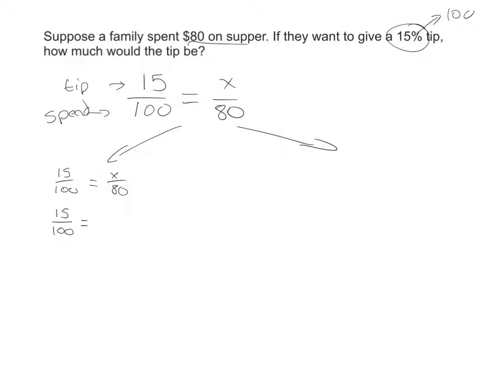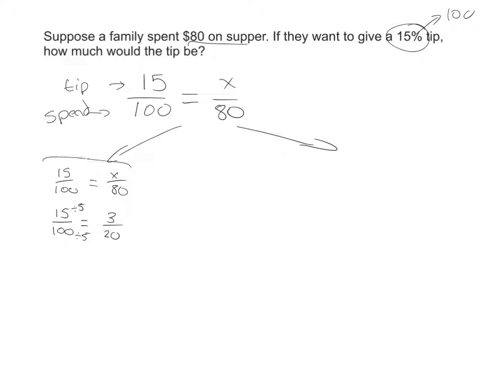Sometimes if we can simplify, it'll make life easier. I can see right away that I can divide 15 by 5 and 100 by 5. 15 divided by 5 is 3. 100 divided by 5 is 20. Now 15 over 100 is the same as 3 over 20.